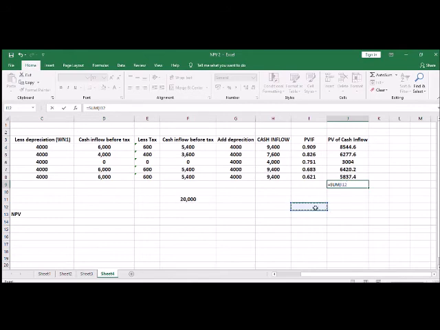Then as we know depreciation is a notional expense, so we add back the depreciation value to the cash flow. So after that we get the final cash inflow that will be multiplied by the discount factor, and at the end by summing up all the PV of cash inflows, we deduct the initial investment, that is 20,000, and we calculate the NPV, that will come to 10,084 rupees.